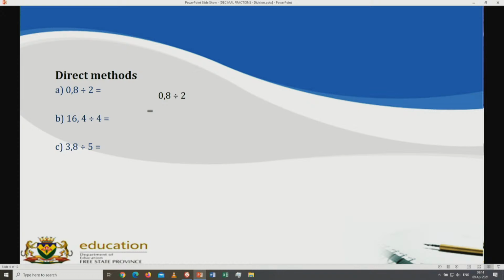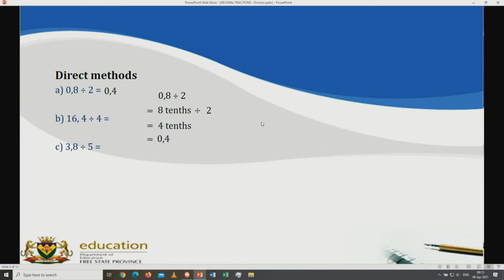Directly, we will just say it's 8 tenths divided by 2, or half of 8 tenths, which will be 4 tenths. How do we write 4 tenths in decimal notation? It is 0,4. Correct. Good.